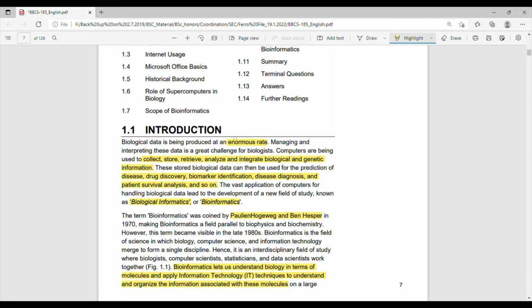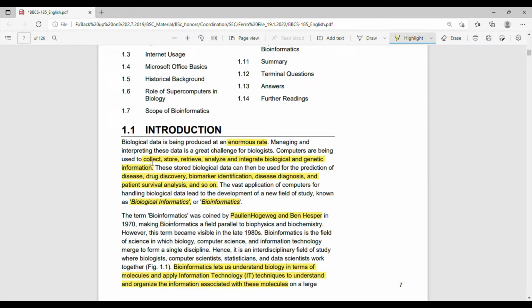the purpose of this chapter here is to sensitize you towards the basics of bioinformatics. As you all know, in our daily research, a tremendous amount of data is being generated. And to store the data and use the data whenever you require, we need to have a platform.